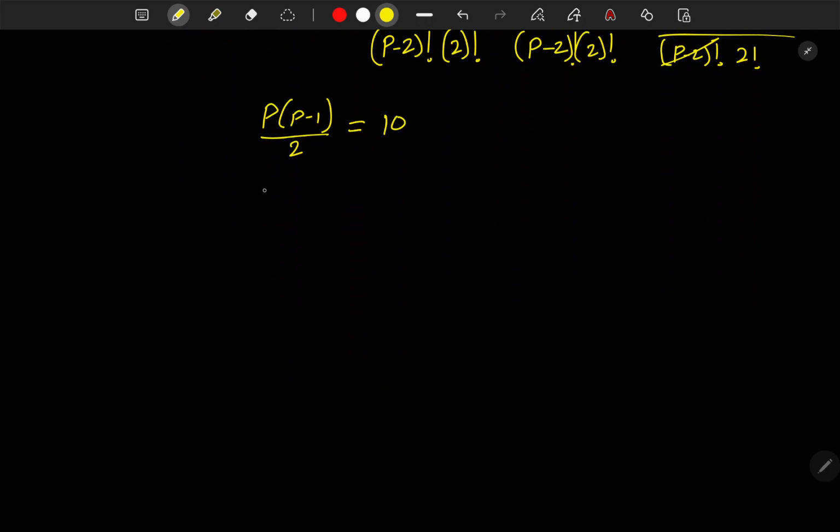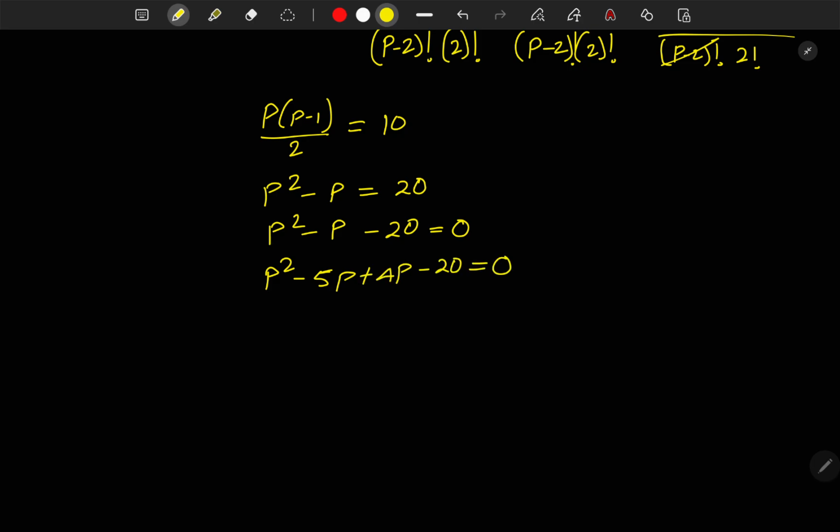We now solve this because this now becomes a quadratic equation, which will give us p squared minus p minus 20 equal to 0. Of course, you can clearly see that since the product and the sum are negative, the two numbers that give us negative 1 and negative 20 when added and multiplied respectively will be negative 5 and 4. So p squared minus 5p plus 4p minus 20 equal to 0.